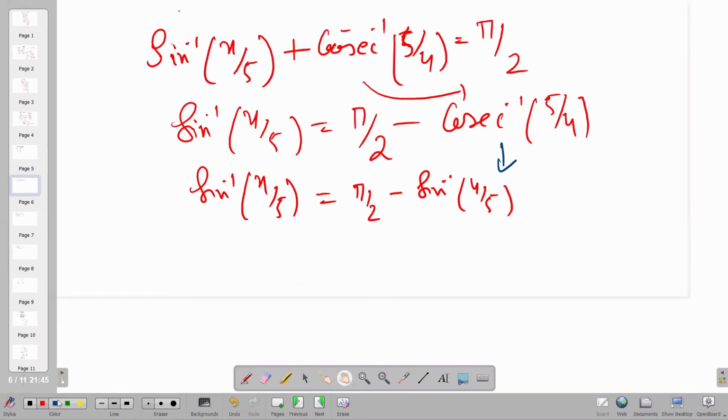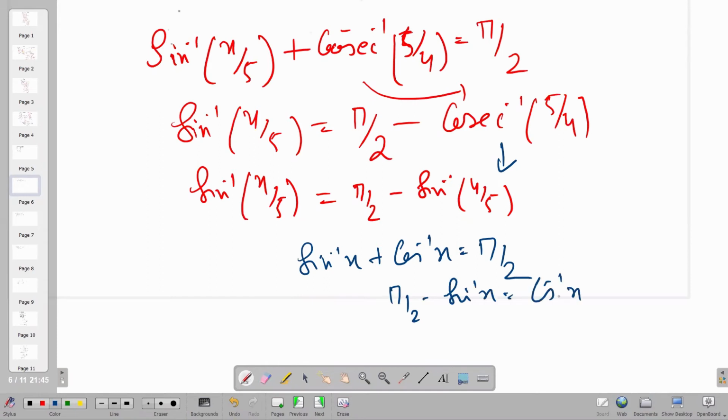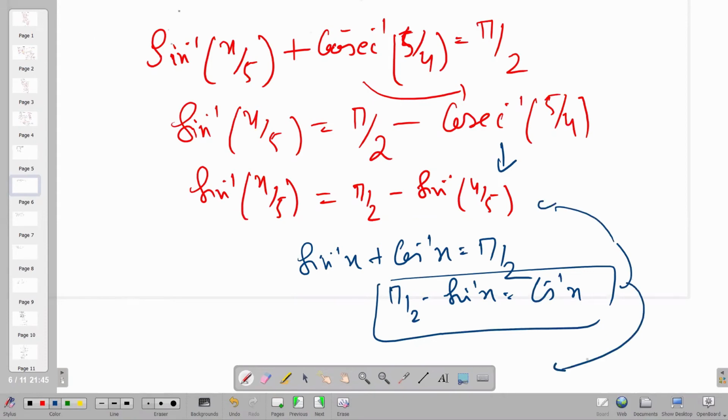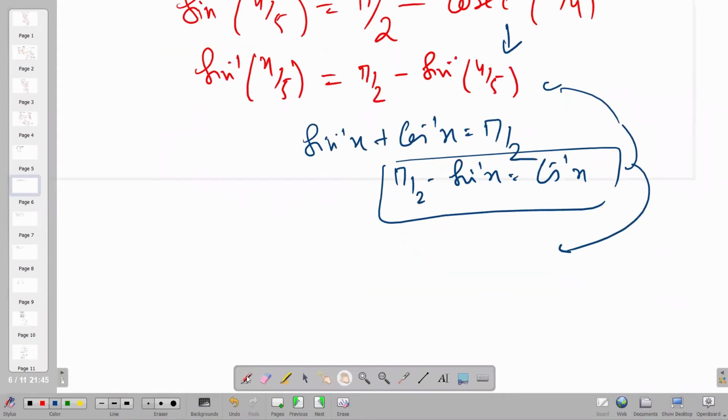Further, using this identity, that sine inverse of x plus cos inverse of x is equal to pi by 2, so pi by 2 minus sine inverse of x is cos inverse of x. So using this, I can replace this: sine inverse of x by 5 is equal to cos inverse of 4 by 5.